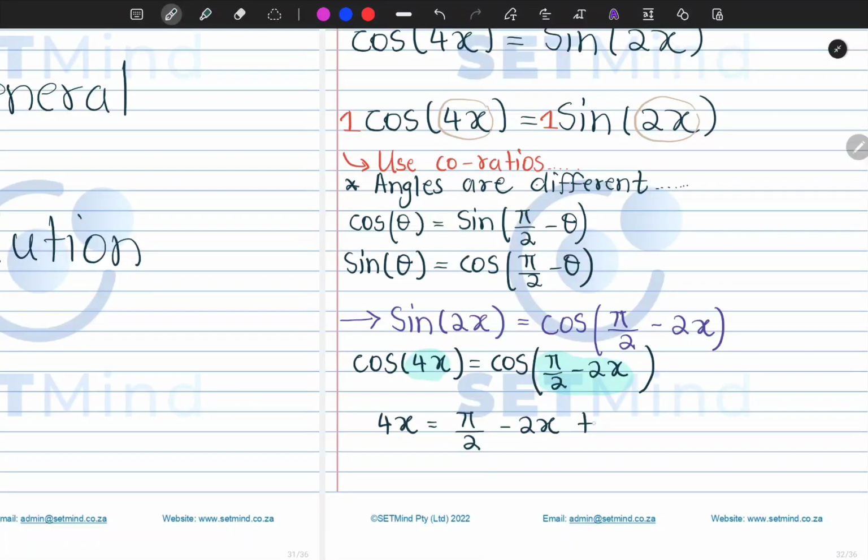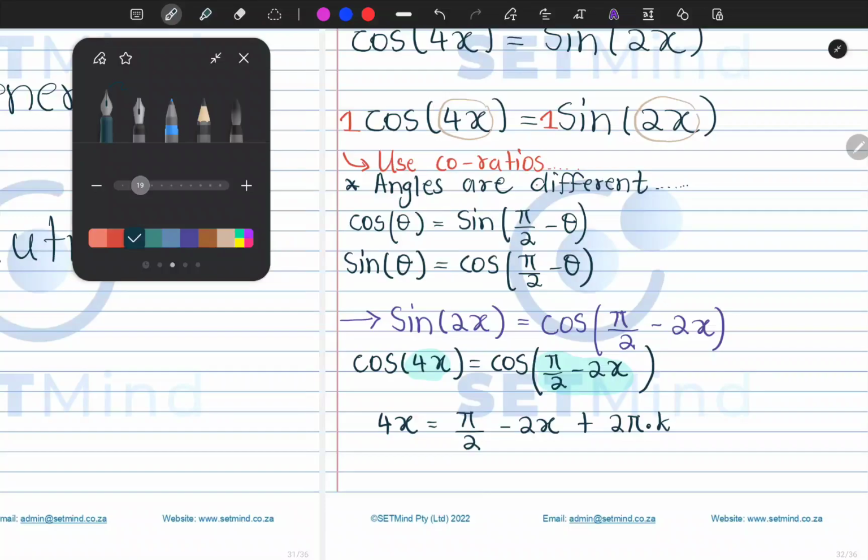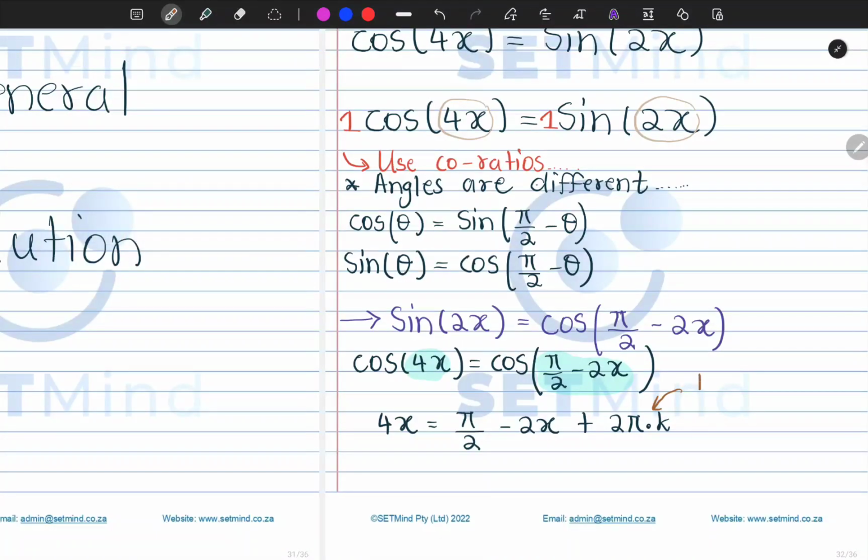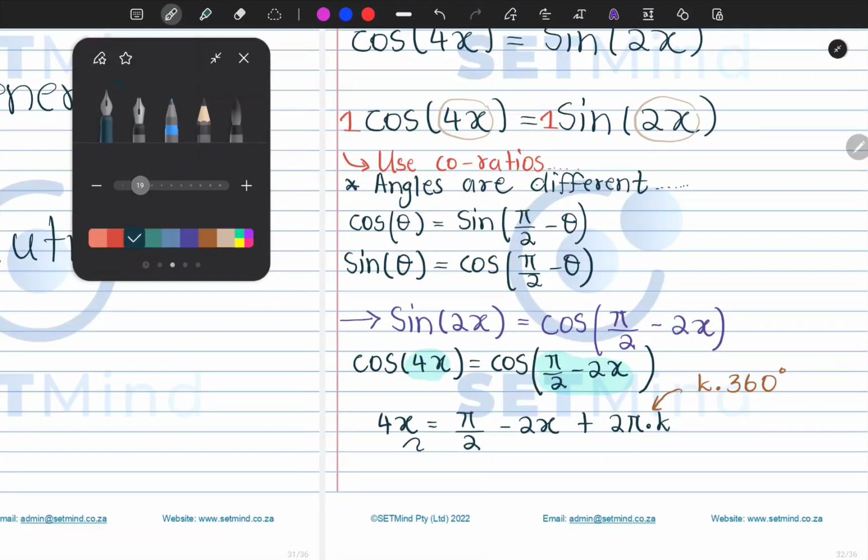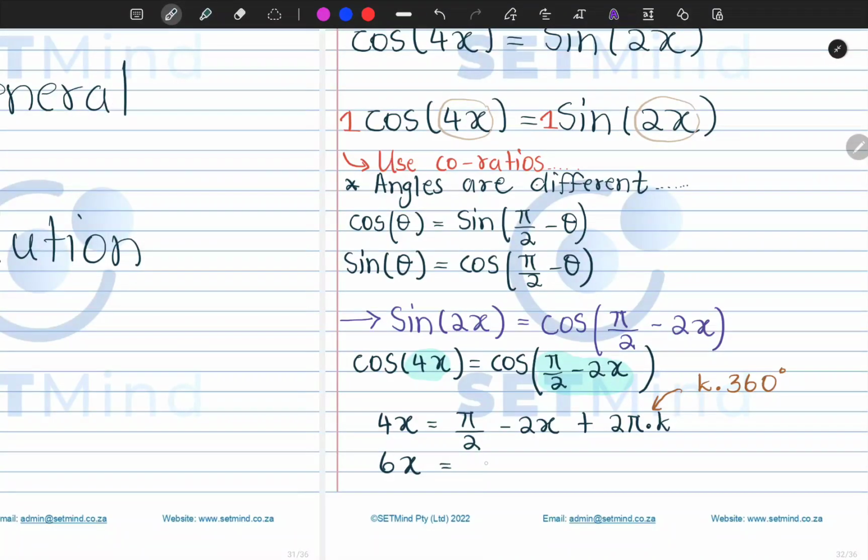But something which you need to remember is that cos and sine are periodic after every 2 pi interval, essentially 360. This we are going to write as 2 pi k. Other people who usually like using degrees, this you should be familiar with as k 360 degrees. Then we transpose such that we get 6x equals pi over 2, and this will be plus 2 pi k.